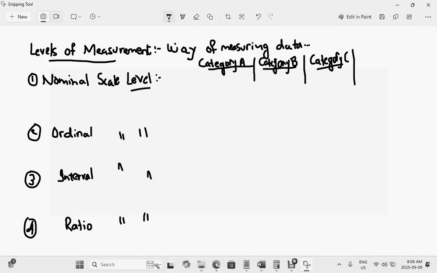So this is nominal scale level, data which is organized in categories.